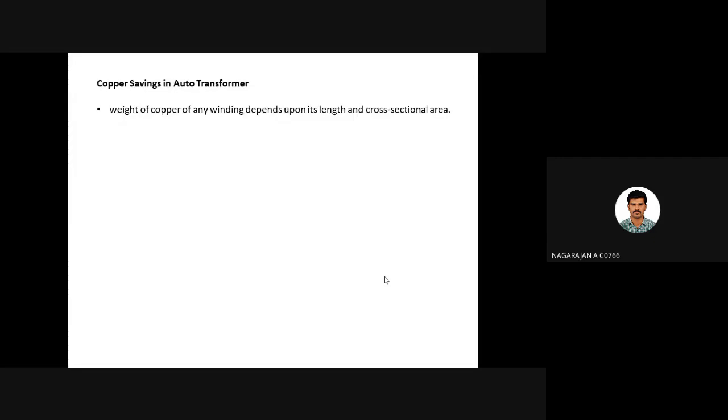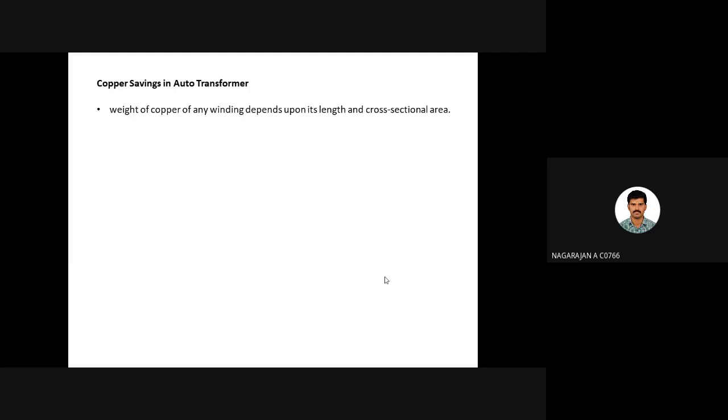So I'll ask a question with this point: what will be the thickness of the secondary winding of a step-down transformer? Will it be bigger than the primary winding, or smaller than the primary winding?